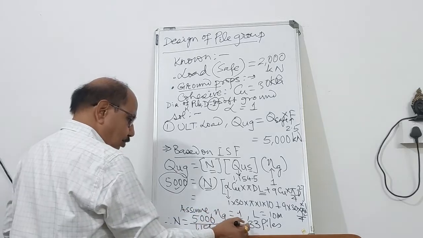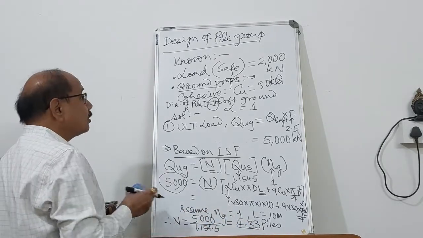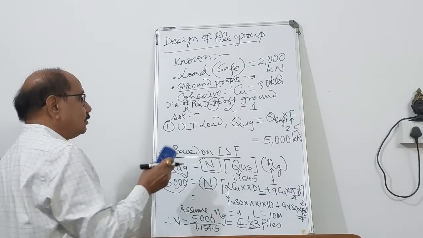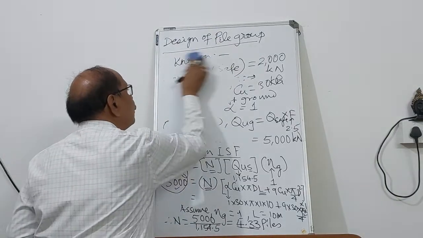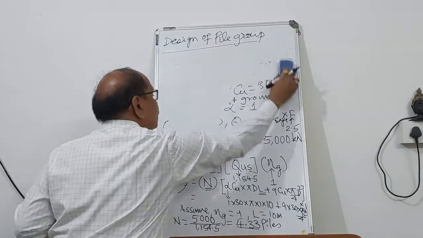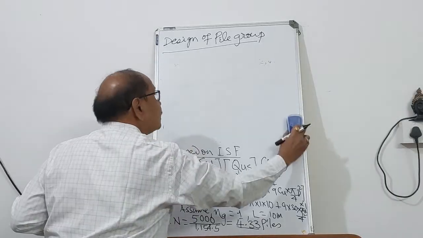So because you cannot make 4.33 piles, let us select a pile group of 4 piles.